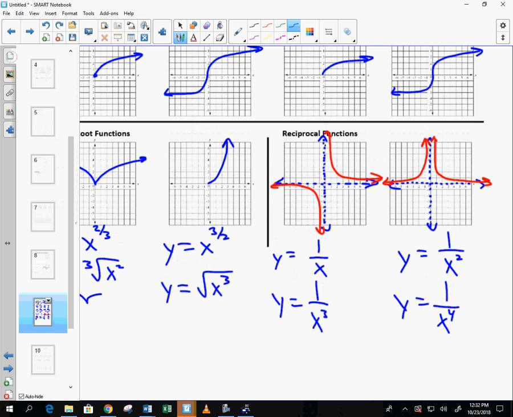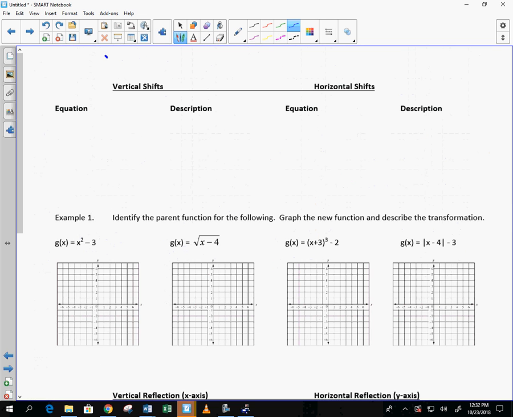Barcode function, totally awesome. Flip it over. Here we go. We got to get through this page. We want to talk about vertical shifts. Suppose you had a function, g of x, and you had another function, f of x, and they were the same exact function, except g of x was f of x plus k.